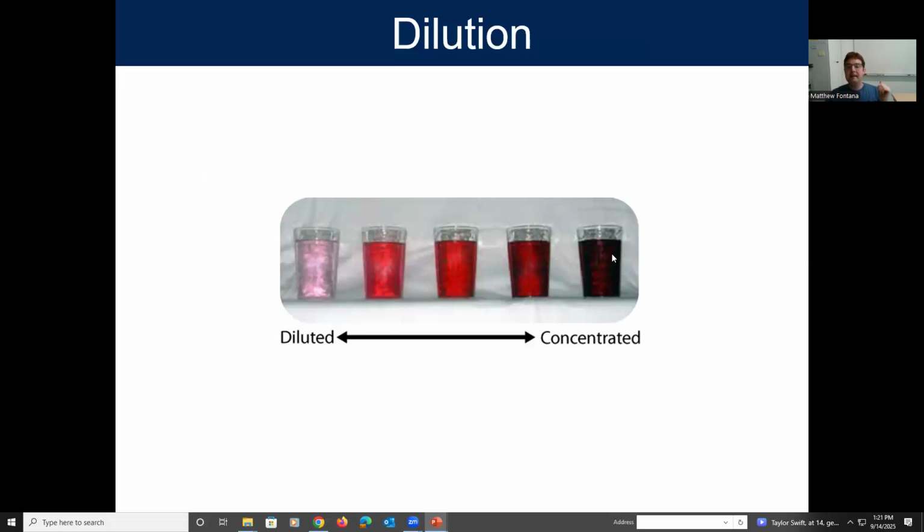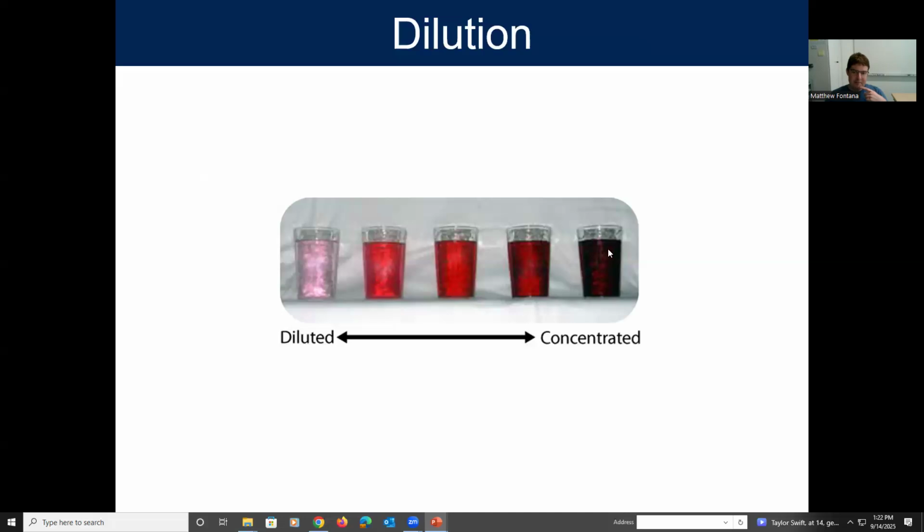Let's say you instead take 10 milliliters of this, and then you dump it into 90 milliliters of just pure water. What's going to happen is you're going to get a diluted solution. And so that's why it looks less red here.